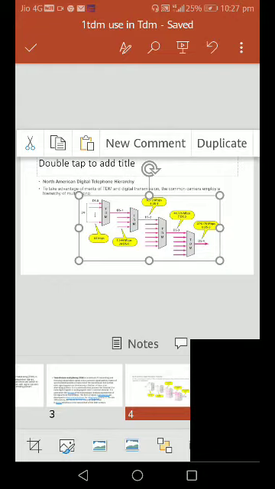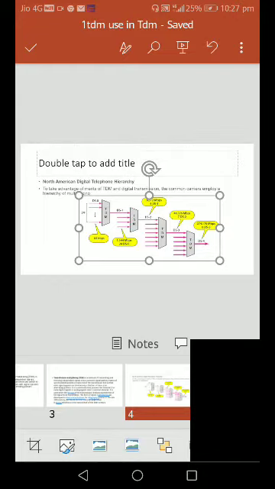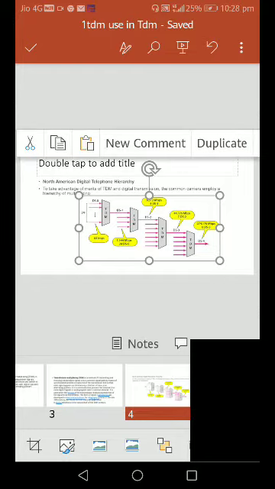The sampling frequency is 8000 samples per second, and the number of bits taken is 8 bits. So 8000 into 8 is 64 kilobits per second for each signal.